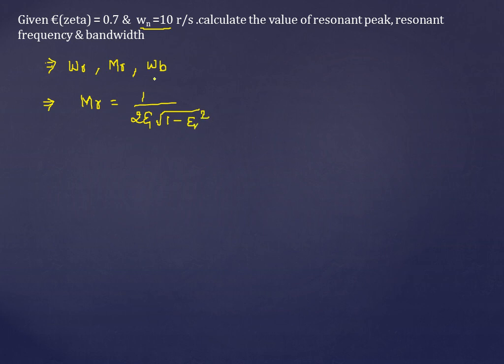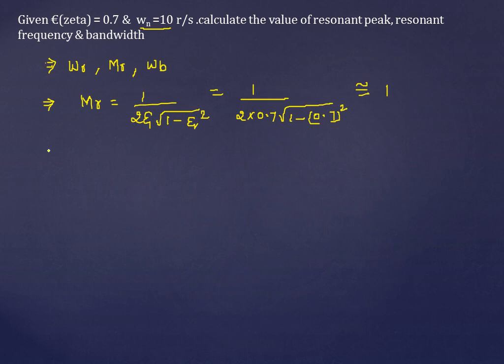In the question the zeta value is 0.7, so substituting it in the formula, you get 1 by 2 into 0.7 square root of 1 minus 0.7 whole square. After the calculation, you get the value approximately equal to 1.